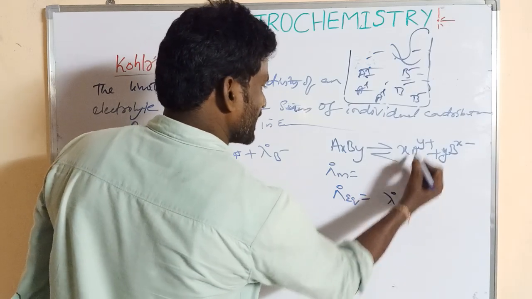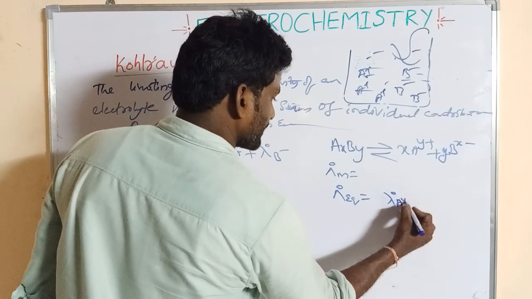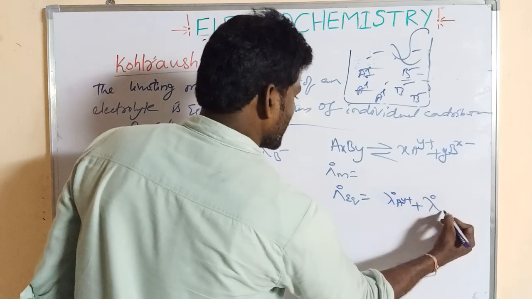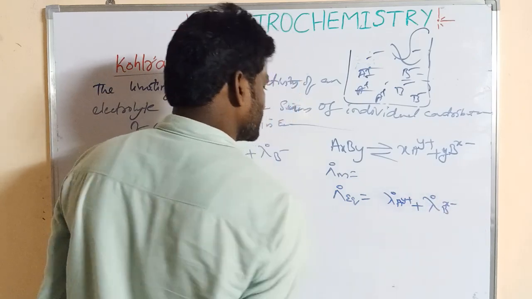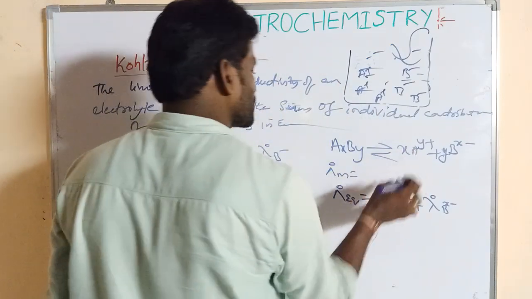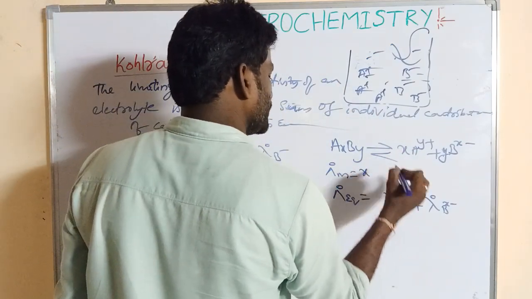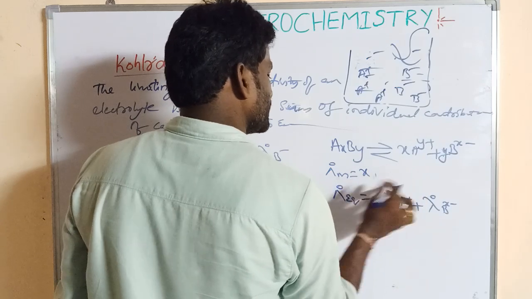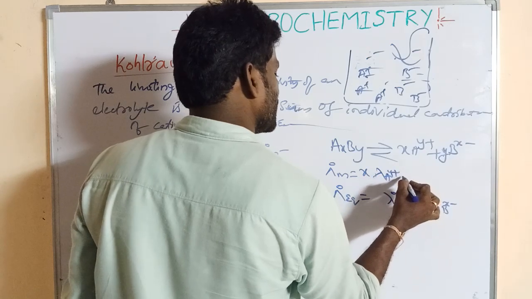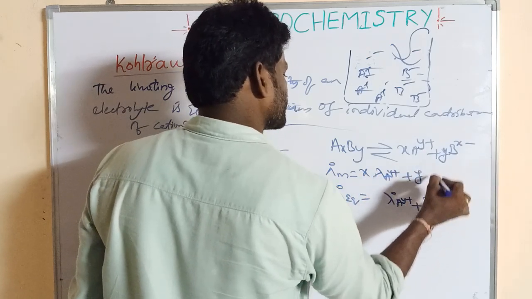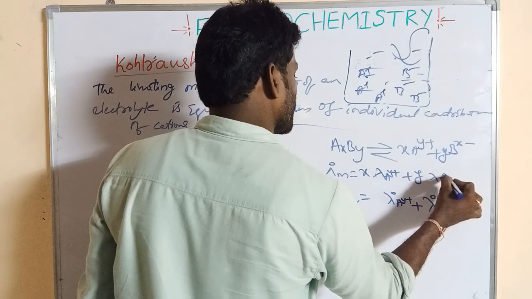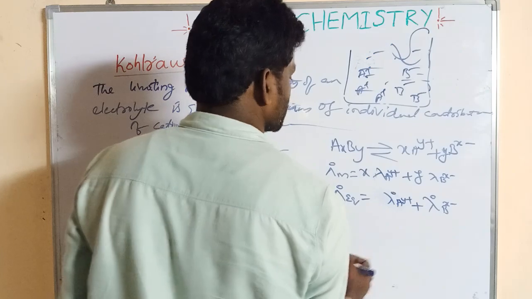Its limiting conductivity of cations like A^(y+) and limiting conductivity of anions like B^(x-). Molar conductivity can be taken, and its number of moles can also be taken. So x into λ° of A^(y+) plus y into λ° of B^(x-).